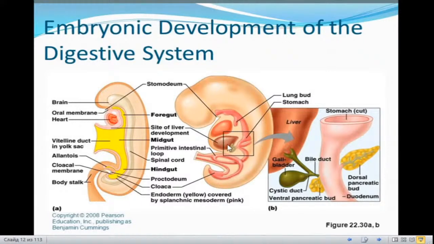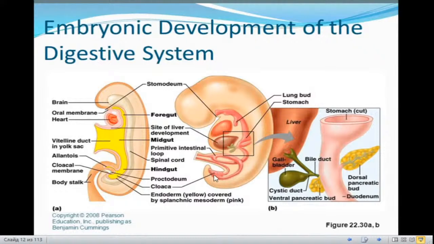The midgut gives rise to large digestive glands like liver and pancreas, and also the gall bladder will be developing from this side. The hindgut initially will be connected to the urogenital sinus and have the image of cloaca.